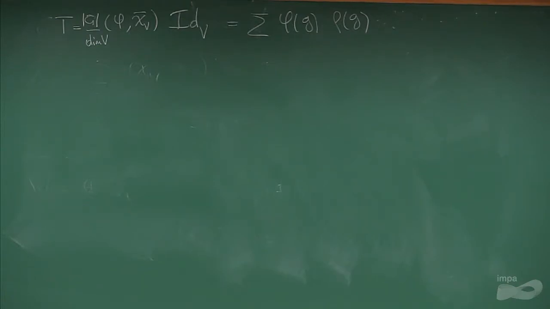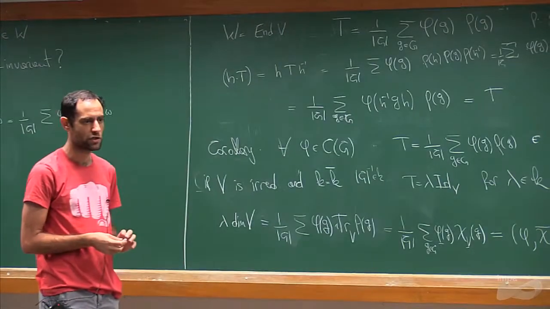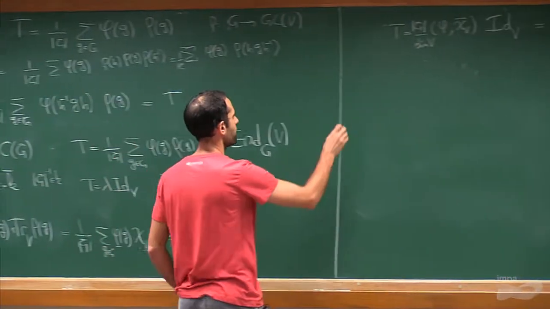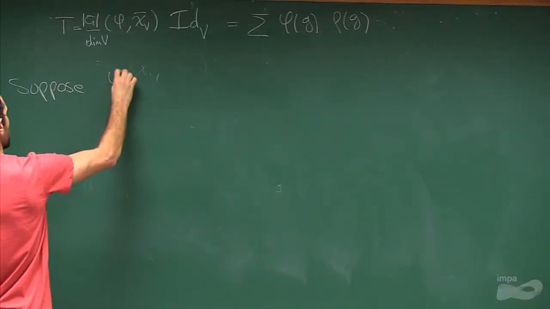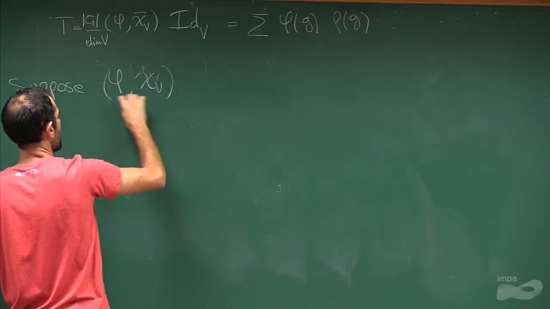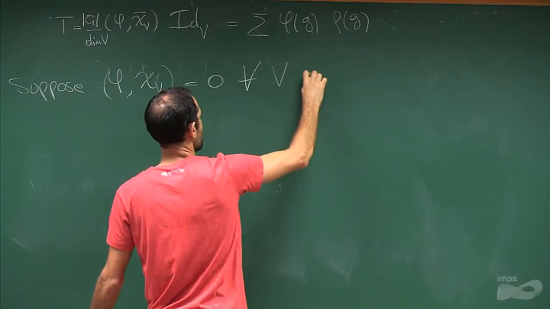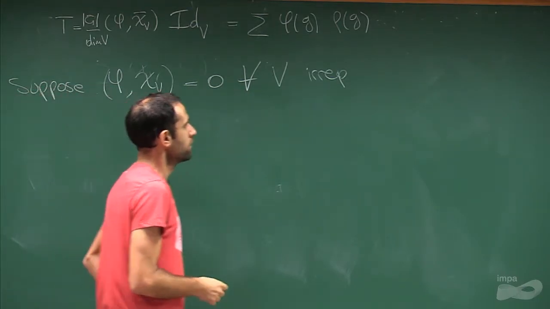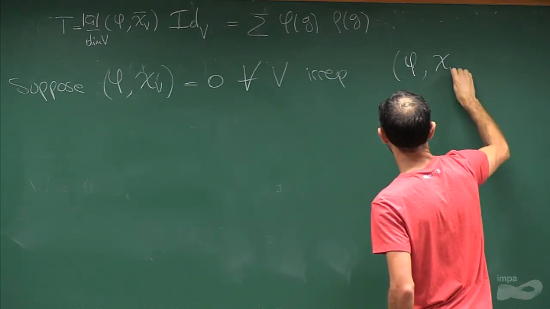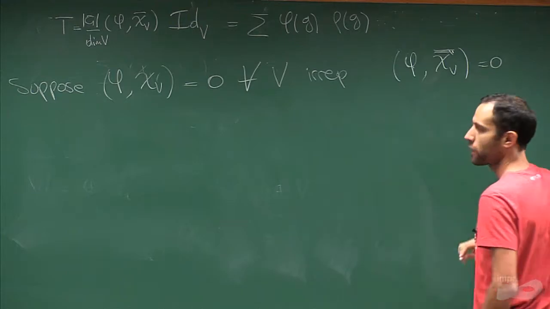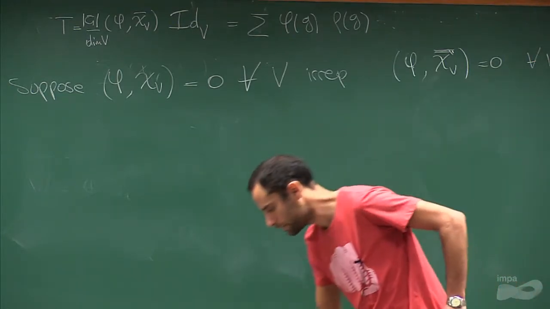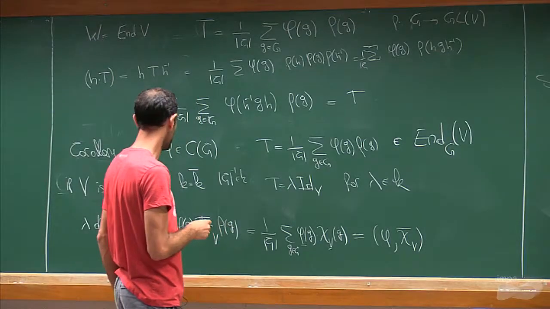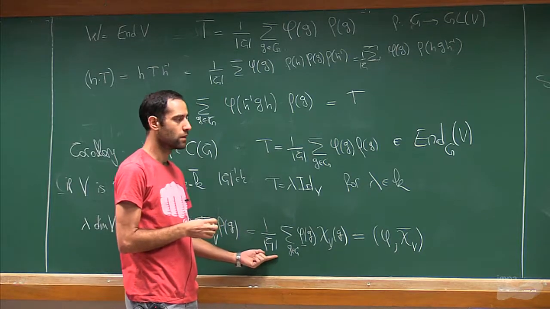So this we've proven for every phi which is a class function, and any irreducible representation V of the group G. Now let's suppose that the inner product of phi with chi of V is equal to 0 for every irreducible representation V of G. Then in particular, phi with the complex conjugate is 0 for every V. So therefore, this thing here for any V will be 0.